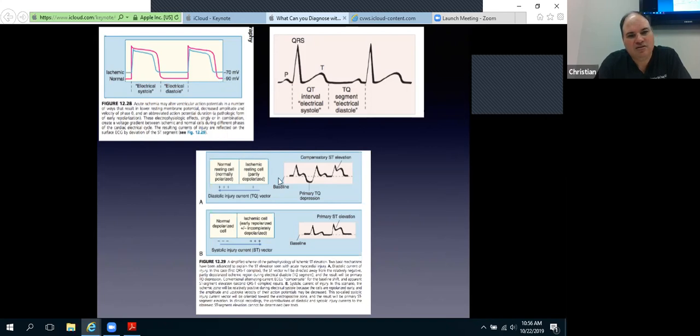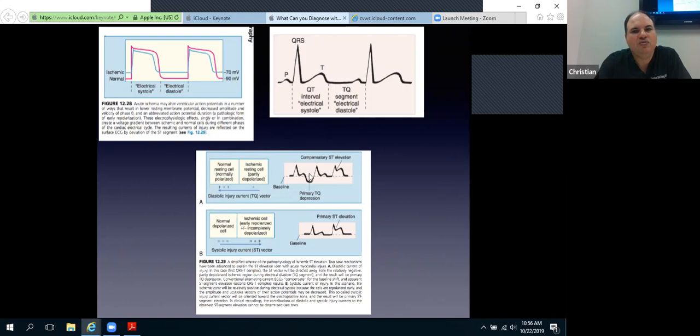It's diastolic failure because diastole is when the coronary arteries get fed with blood. It's also electrical diastole. And in primary ST elevation, again, you've got a normal depolarized cell, and then ischemic cell has early repolarization, hyperacute T waves, and incompletely depolarized, which is why the ST segments remain elevated.